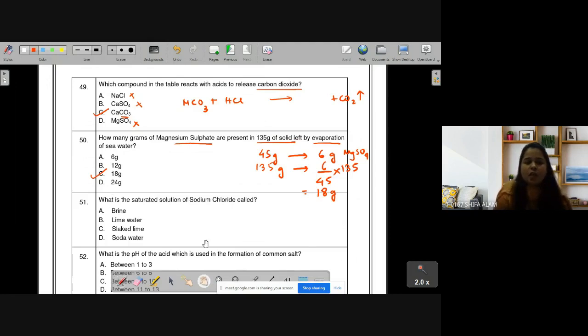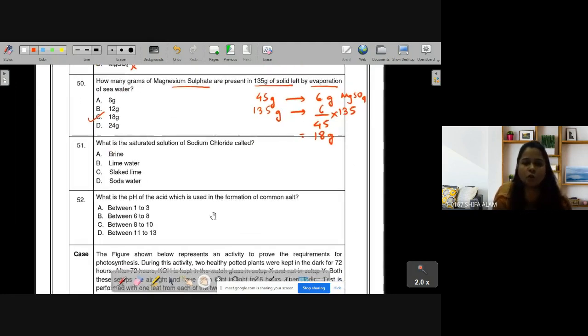Next, what is the saturated solution of sodium chloride called? It is brine solution. Next, what is the pH of an acid which is formed in the formation of common salt? So let us find out that sodium chloride, that is common salt, is obtained from which parent acid and which parent base. As we discussed, the first part comes from the base and the second part comes from the acid.